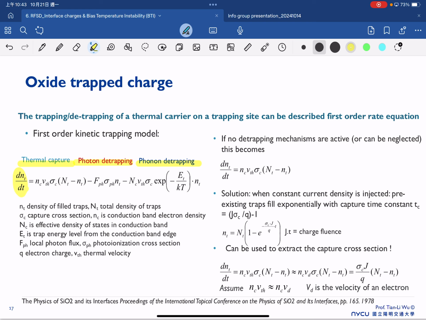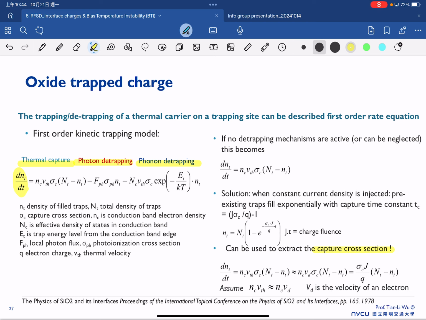That means the time-dependent trap density, which considers all three effects here. The importance of this calculation is mainly to estimate the capture cross sections. If you need it, you can come back later for your own research.